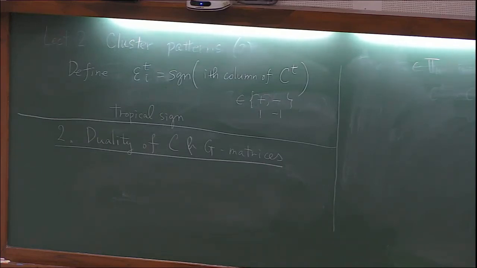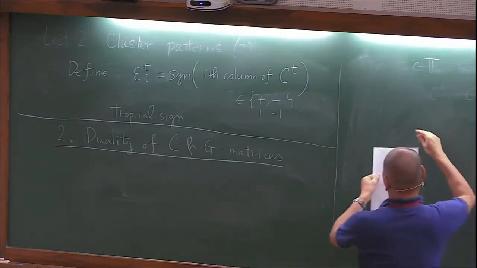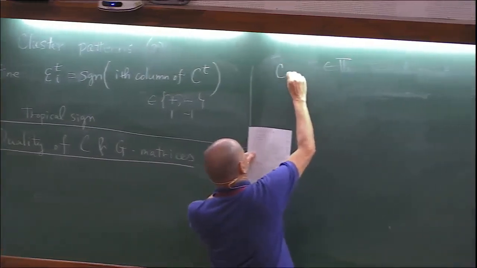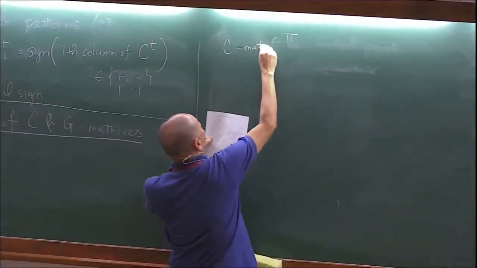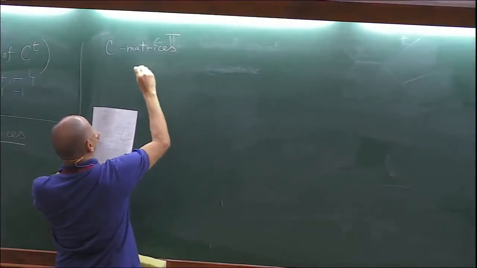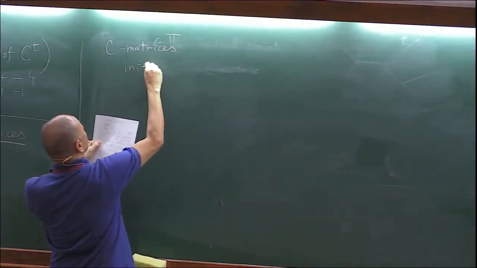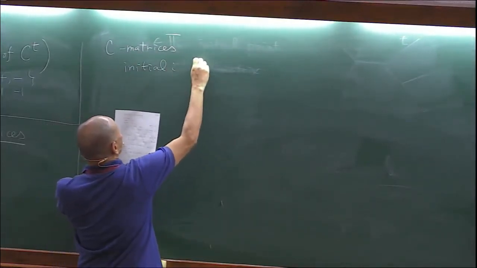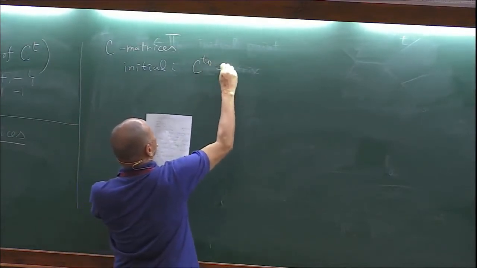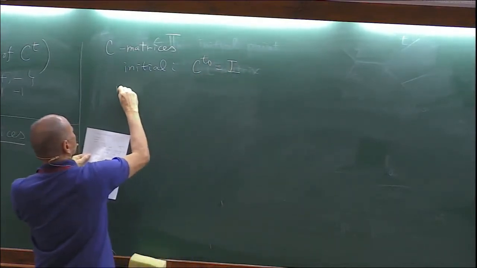So once again, I write the following. The C matrices are uniquely determined by the following initial condition and mutation.